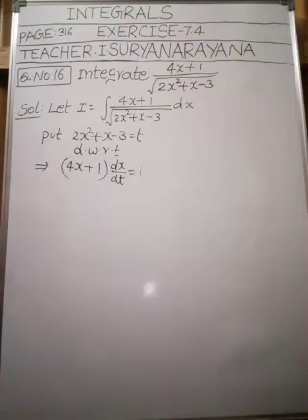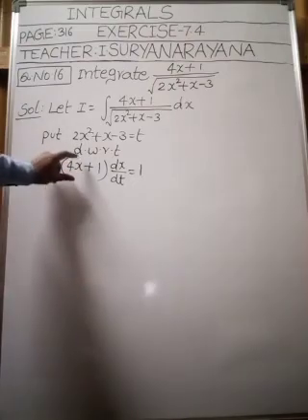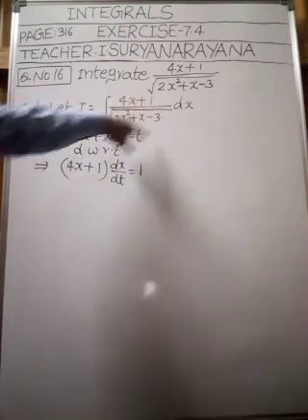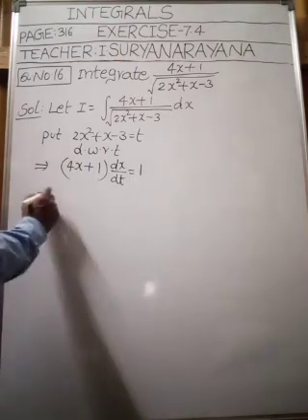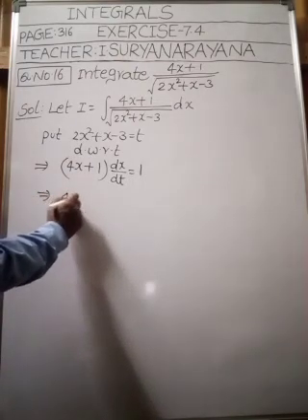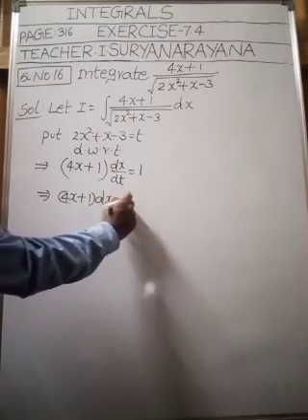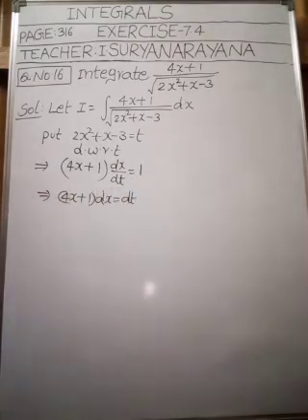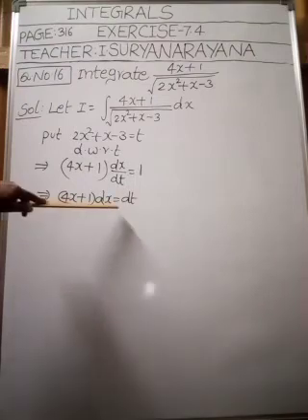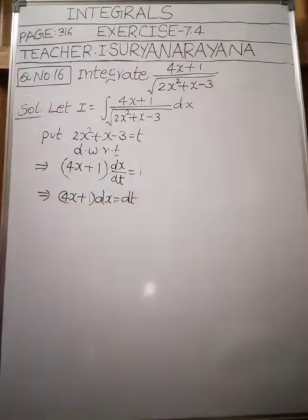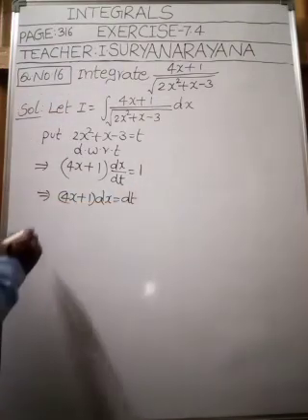Understood this step, my children? From this equation we find 4x plus 1 into dx is equal to dt. Now we substitute this value and this value in the given integral. Understood?